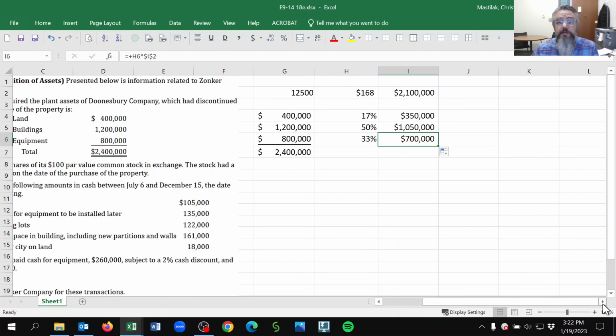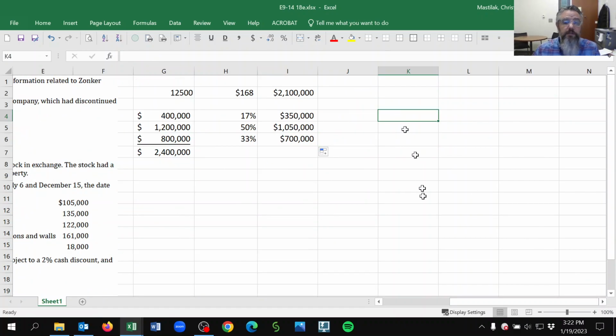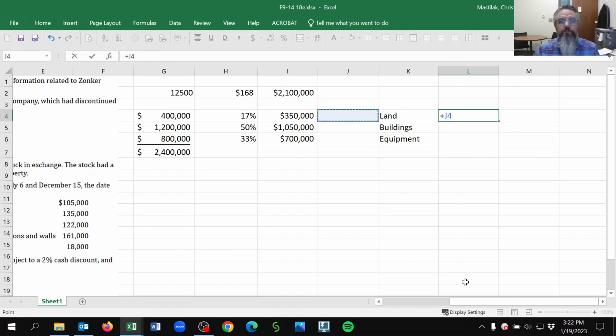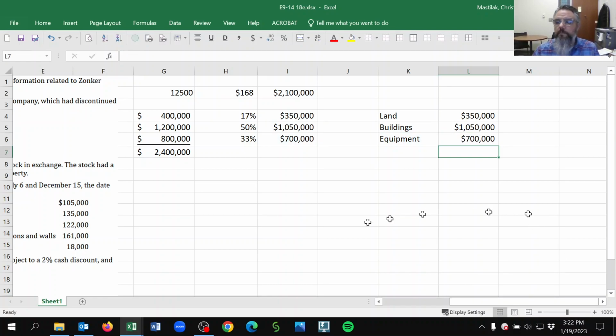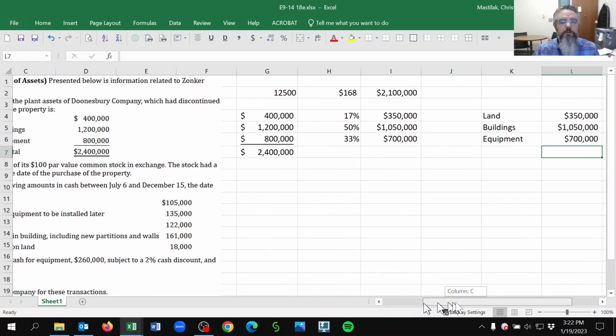So that's going to be our transaction. So we're going to debit land, buildings, and equipment for these values. I think I have them in the right order. Land, buildings, equipment, I do.